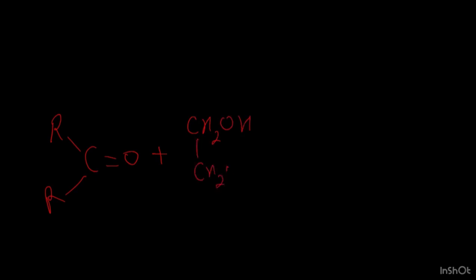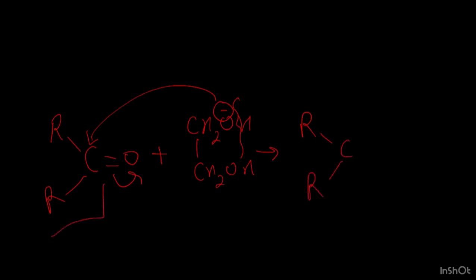We will take a ketone, C double bond O, and we are taking ethylene glycol, CH2OH and CH2OH. I am saying the bond breaks from here. So, it attacks here, it shifts here. So, we will be getting RCR. This is as it is.